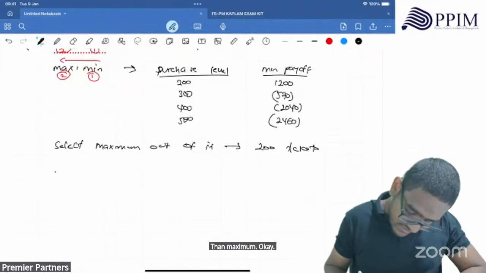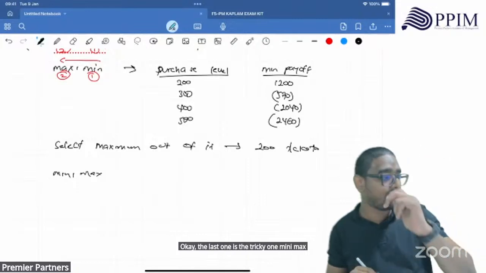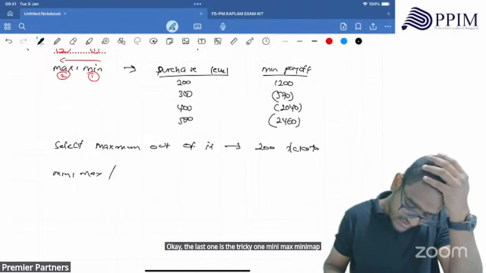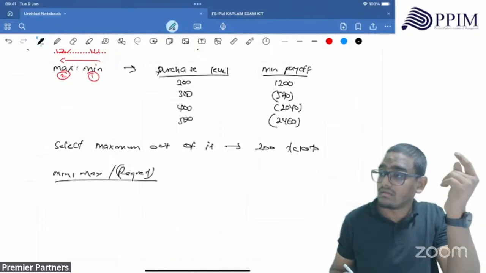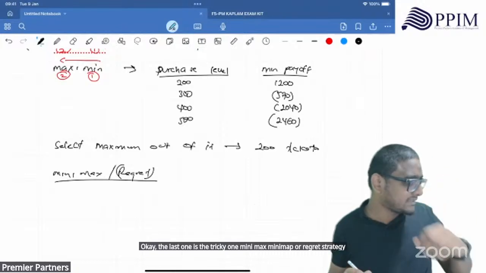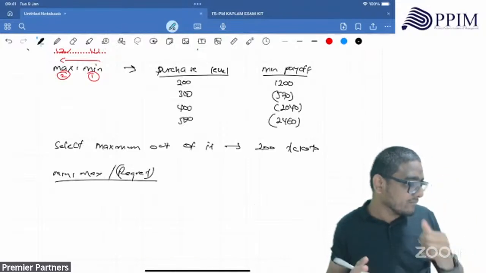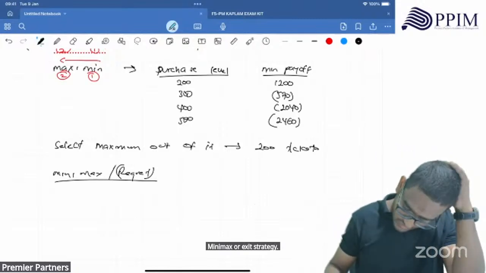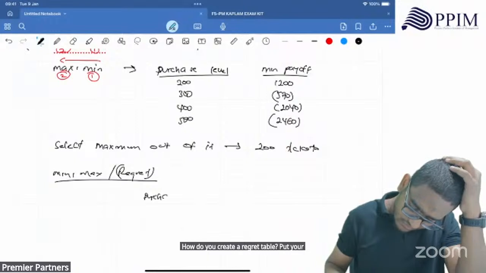Okay. The last one is the tricky one, minimax. Minimax or regret strategy. So how do you create a regret table? Put your purchase levels on top.